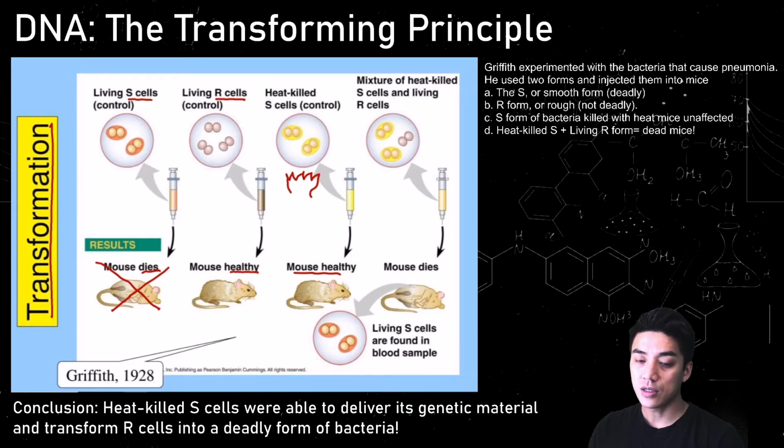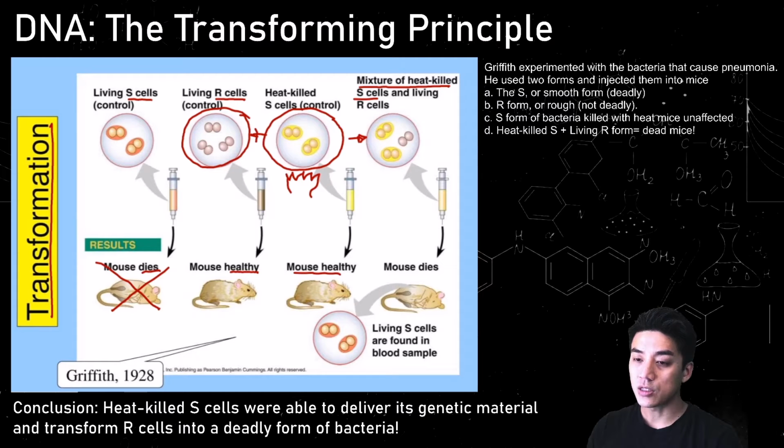Okay, so far, the only thing that causes the mouse to die are the living S cells. But now what he's going to do is mix the heat-killed S cells and the living R cells, combine those two samples, and then inject it into the mouse.